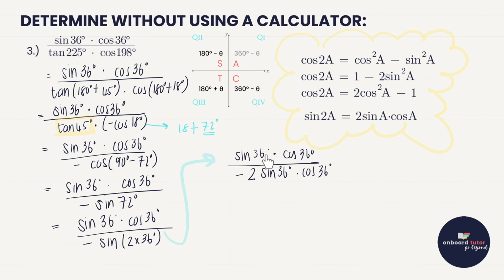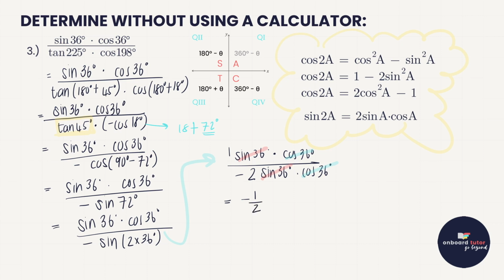So if you look at it, there are no pluses or minuses in my numerator or denominator separating terms. It is an overall negative, but that's okay. I am allowed to cancel. So sine 36 may cancel with sine 36. Cos 36 may cancel with cos 36, which leaves us with just 1 on top. And so the final answer here is minus a half.